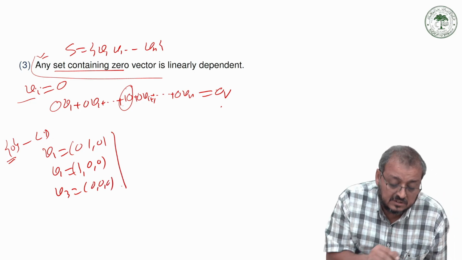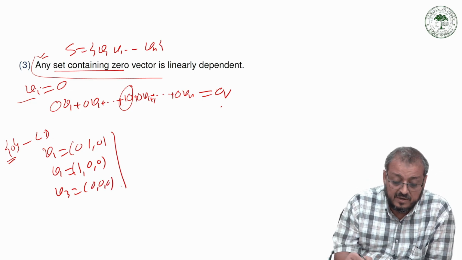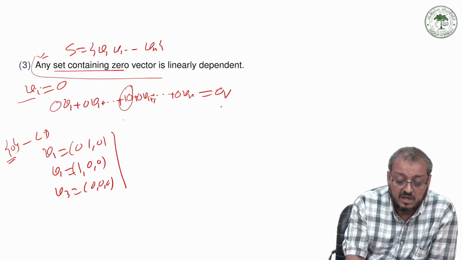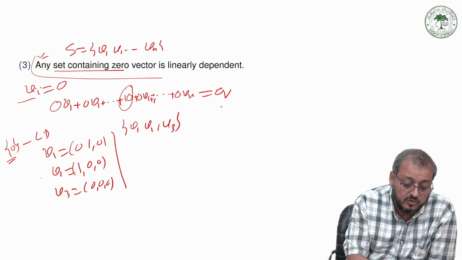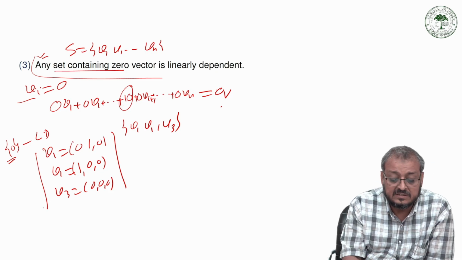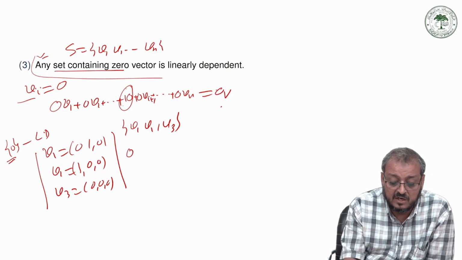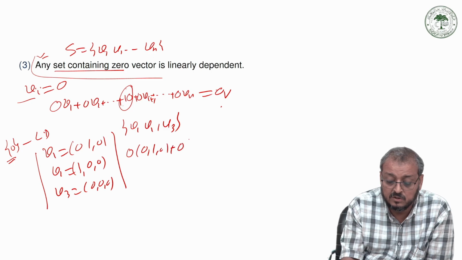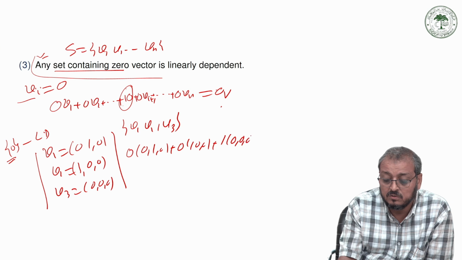That means this set is linearly dependent. Why? Because if S is equal to V1, V2, V3, the linear combination is 0 times (0 1 0) plus 0 times (1 0 0) plus 1 times (0 0 0) is equal to 0 0 0.